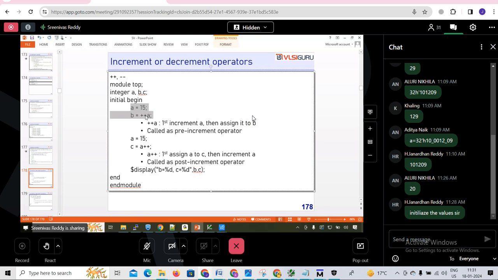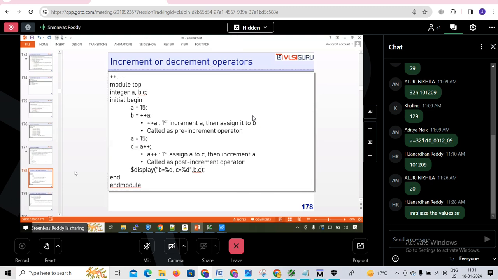Because first you are incrementing to 16, then you are assigning. That's why it's called the pre-increment operator. In this case, tell me what is the value of C? First assign A to C, then increment A. So it's called the post-increment operator.